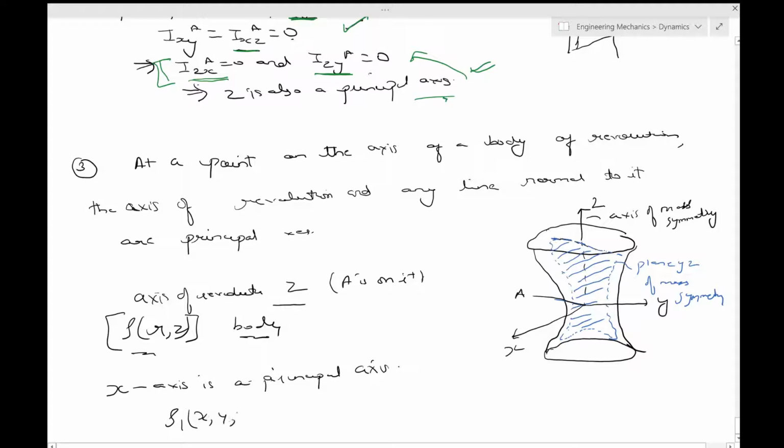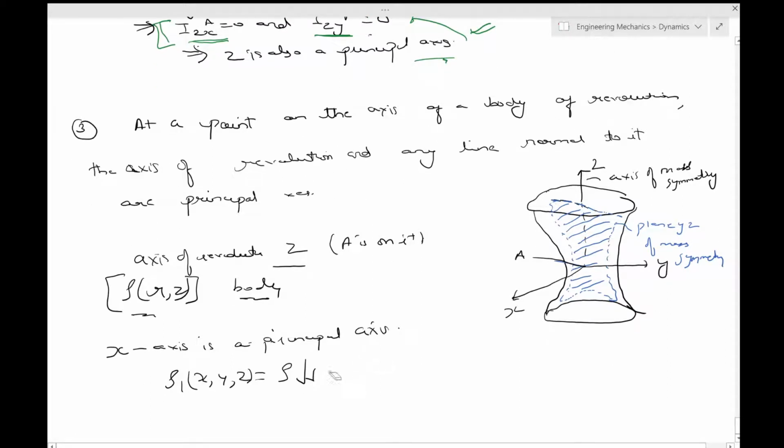So rho 1 of x comma y comma z, where r can be written as the radial position, x square plus y square comma z, is equal to rho 1 of minus x comma y comma z.